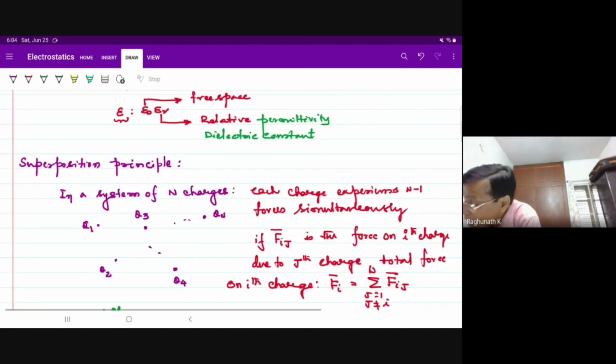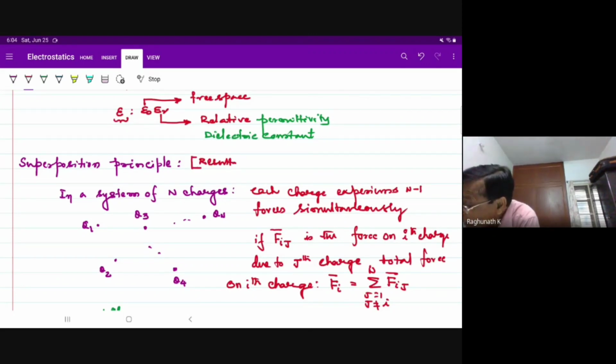The resultant of vector quantities is the vector sum: A bar plus B bar. You should understand A bar plus B bar as the resultant of n forces, or n minus 1 forces, a number of forces.